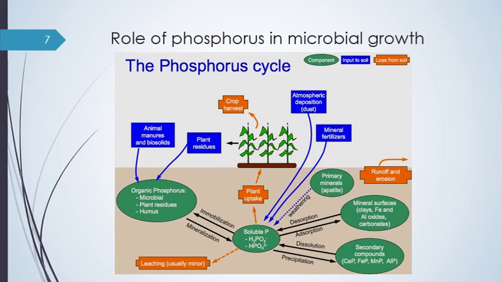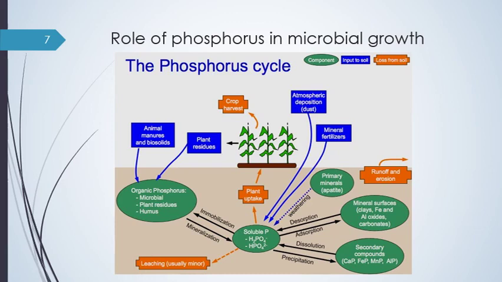So phosphorus in agriculture soils originates primarily from two sources: the parent material from which the soil developed, or phosphorus-containing amendments applied by producers.